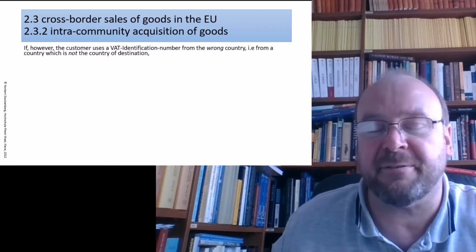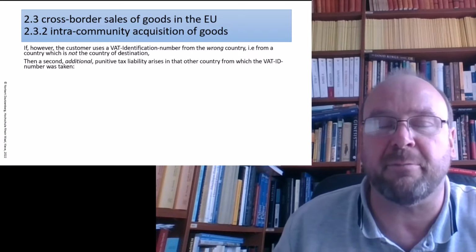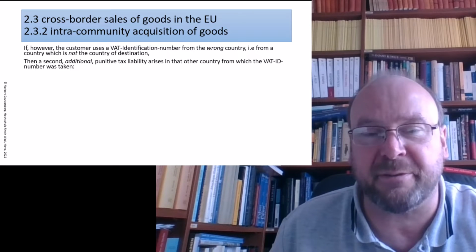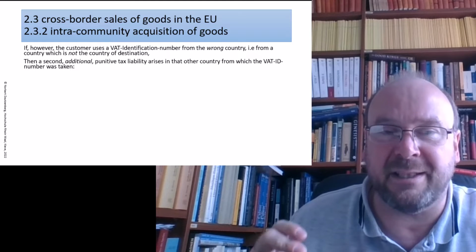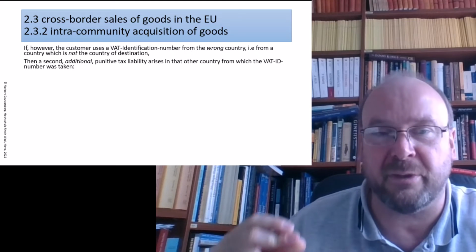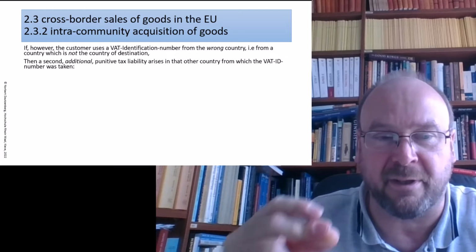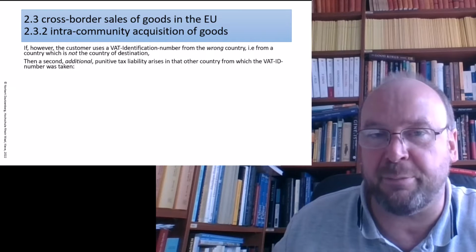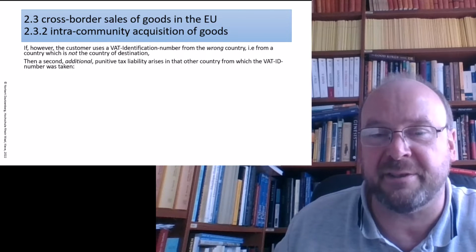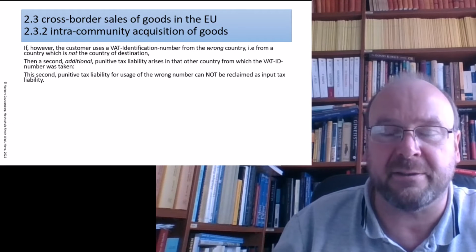For this reason, if the customer uses a VAT identification number from the wrong country, from the country which is not the country of destination, then in addition to the correct taxation in the country of destination, which you don't get rid of, there is created a second additional punitive tax liability in the country where you took the number from. 3D sentence 2.